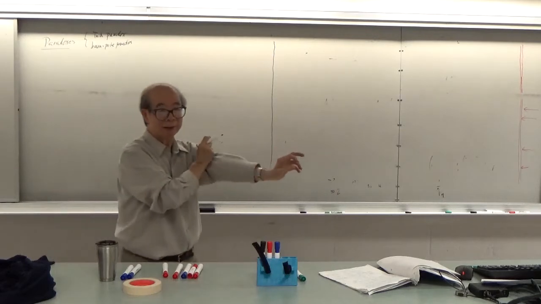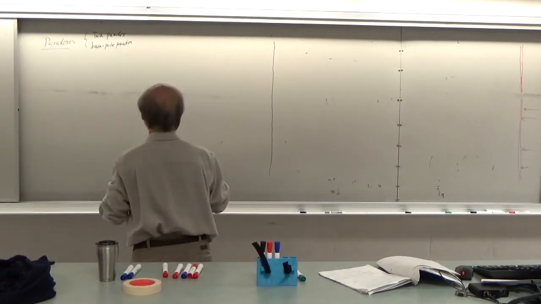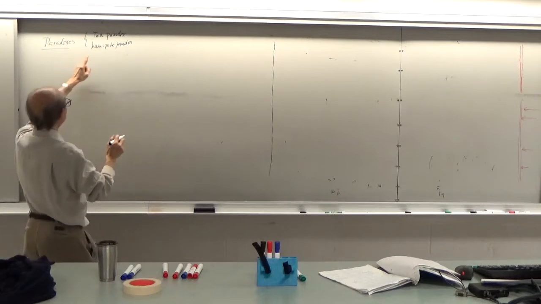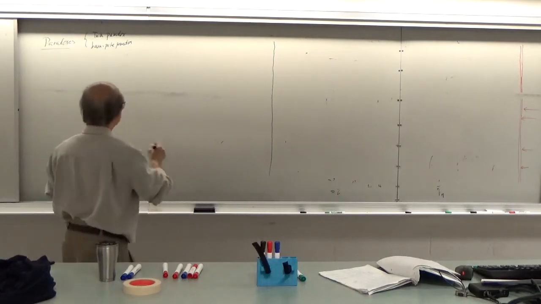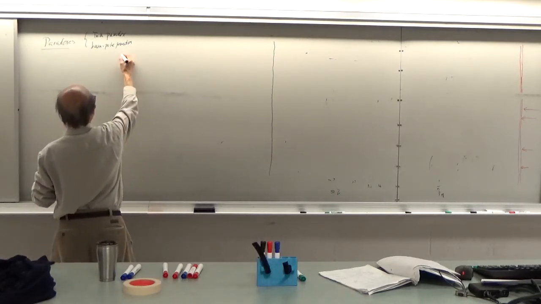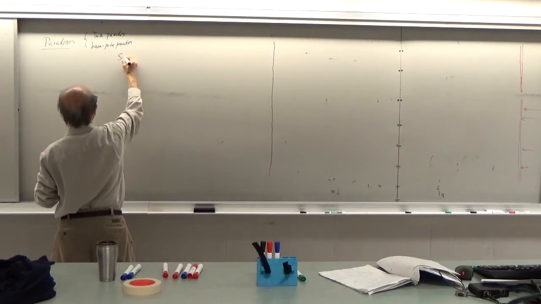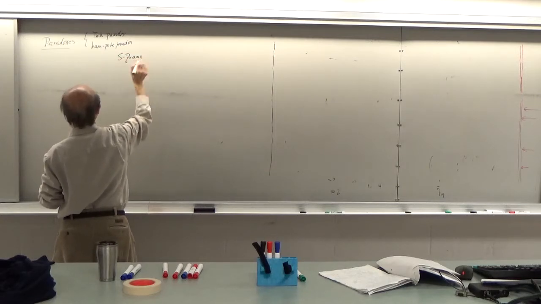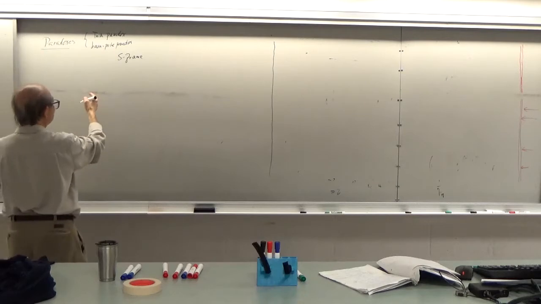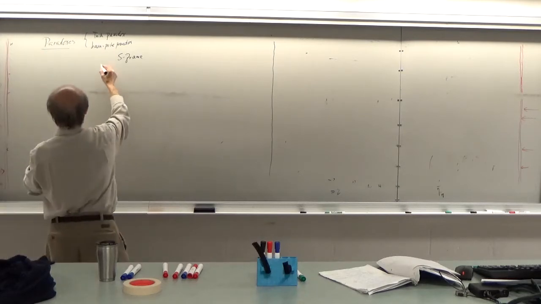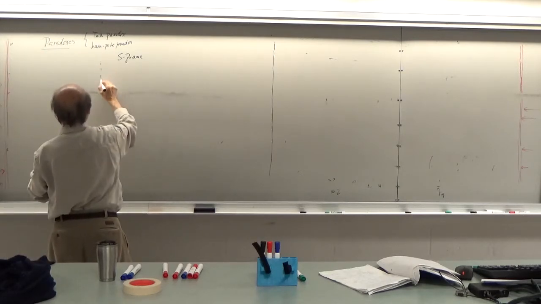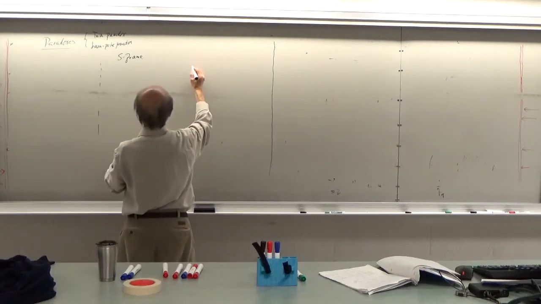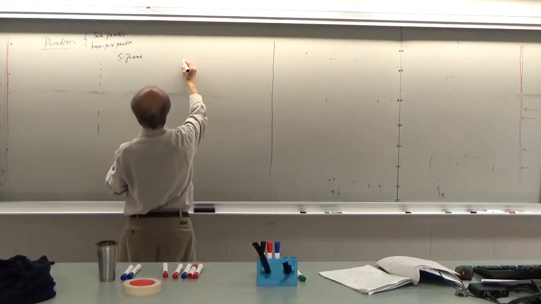Let me consider the situation from the point of view of the rest frame of the physicist's brother. And then we call this the S frame, the unprime frame. In this unprime frame, I'm going to draw three figures.